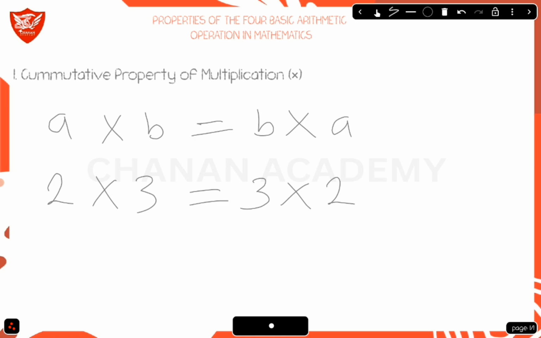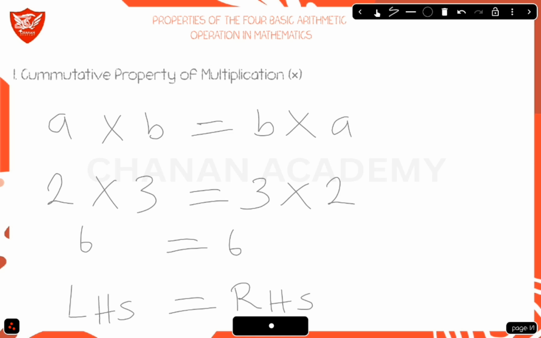So 2 times 3, the answer is 6. 3 times 2, the answer remains 6. So therefore, multiplication is commutative because the left hand side is equal to the right hand side.